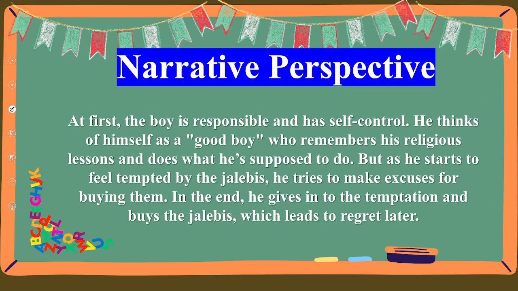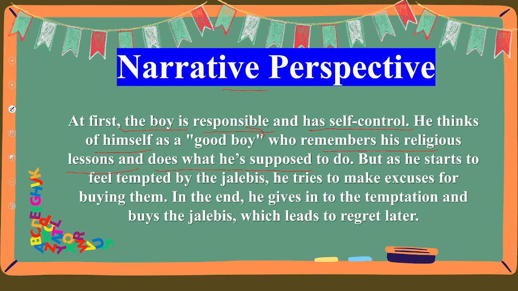We have different perspectives. At first, in the story, the boy is responsible and has self-control. He was a very good boy. He actually won a scholarship as well, 4 rupees per month. He thinks of himself as a good boy who remembers his religious lessons and does what he's supposed to do.